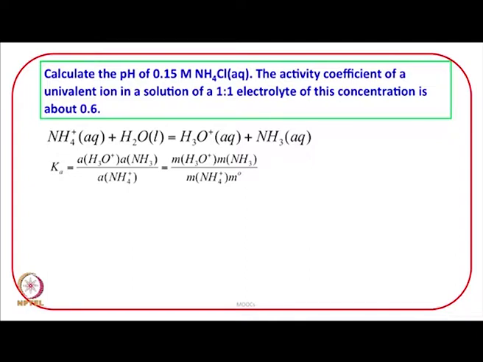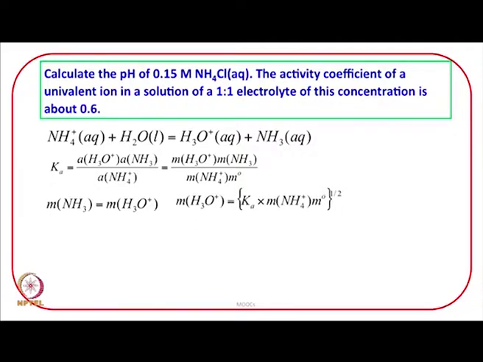As we discussed earlier, since the solution is dilute, we can replace activity by molality. Also, the two molalities of H3O plus and NH3 are going to be the same by the reaction stoichiometry. Once again I will highlight that we are approximating activities by molalities or by concentration.